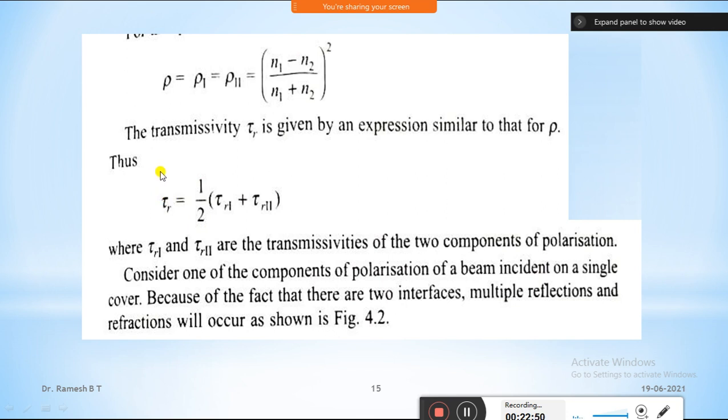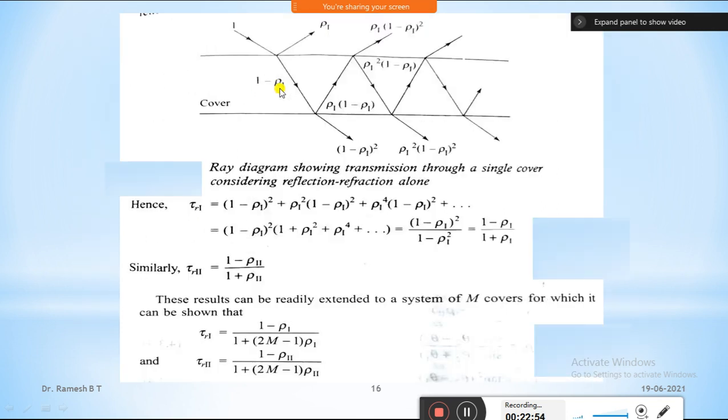Clear? So if you want to know the tau r value, we have to know the rho 1 and rho 2 values. This is very much needed to find out tau r1 as well as tau r2. In some cases they give 2 or 3 covers, then we introduce the m value. So based on these equations, we are going to solve some problems.